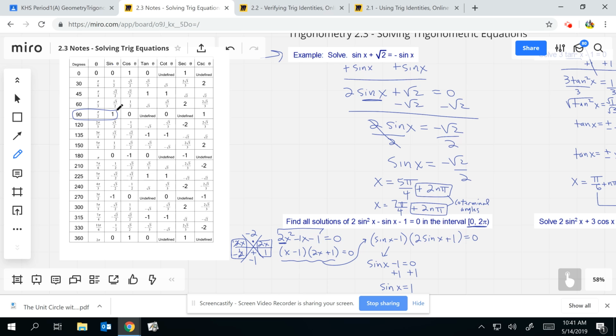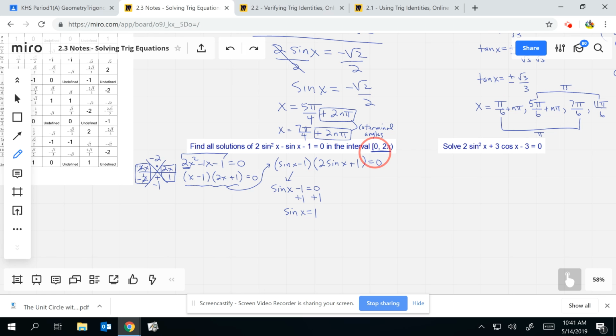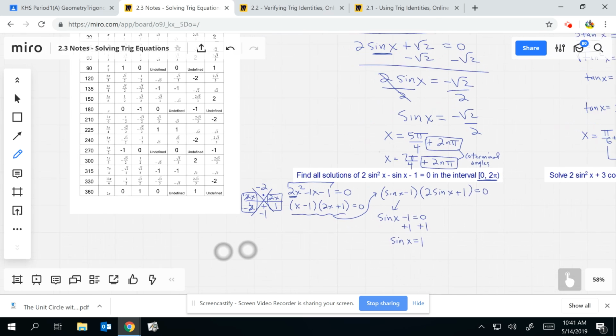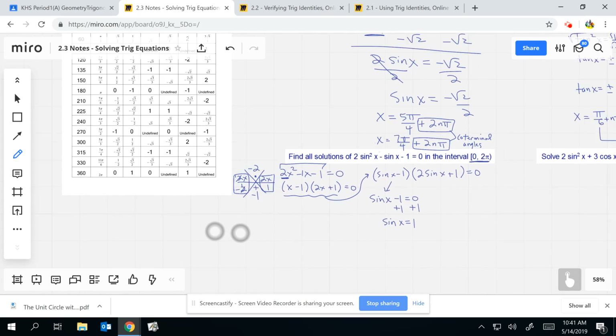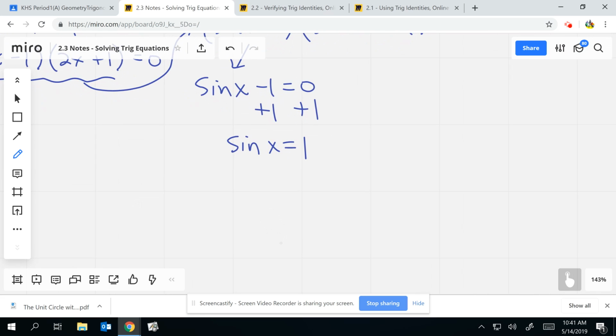Now all the coterminal angles would work, but we're not doing coterminal angles because what they said is just give me the answer that's in the interval between 0 and 2 pi. So sine was 1 at 90 degrees or pi over 2 radians. So we're going to put x equals pi over 2. You don't have to put your n pi or anything else because they just want the interval.